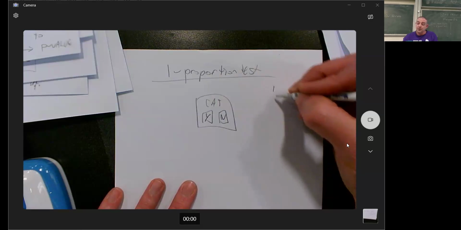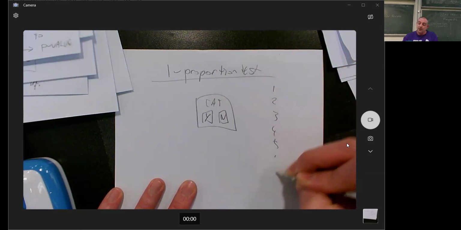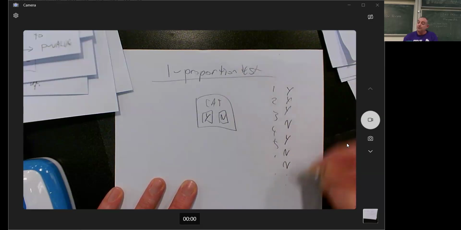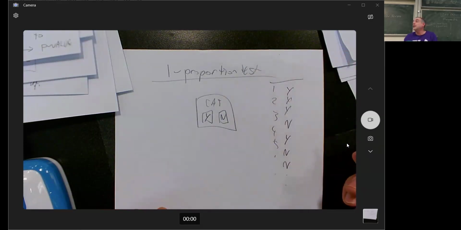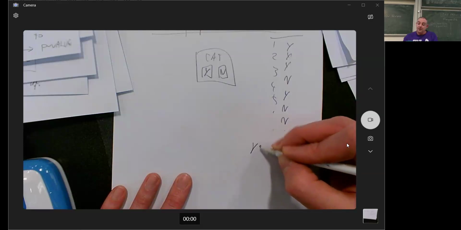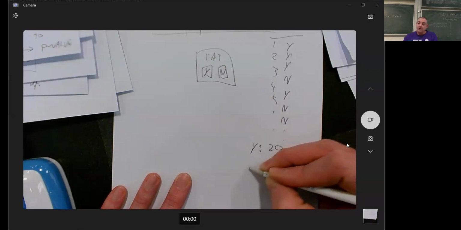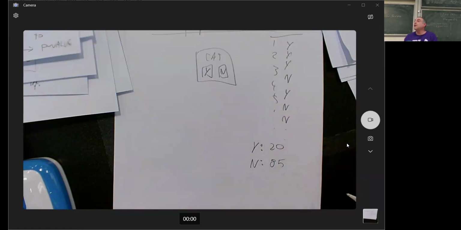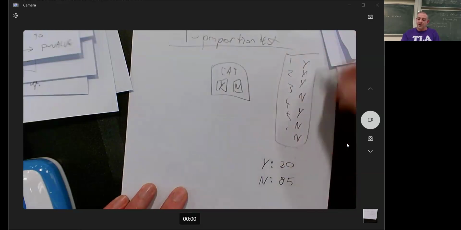So the data looks like 1, 2, 3, 4, 5, etc. And there's just a whole lot of yeses and a whole lot of nos. Officially, that's what the data would look like. And mostly it doesn't even look like that. It just looks like yes, and there's like 20 of them, and no, there's like 85 of them or something. It just says how many there are. That's what the data looks like.